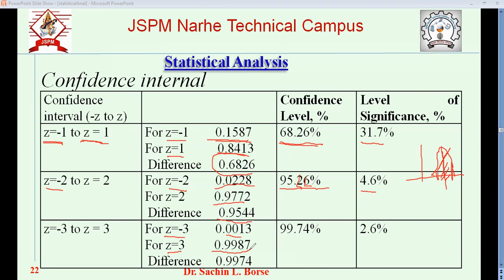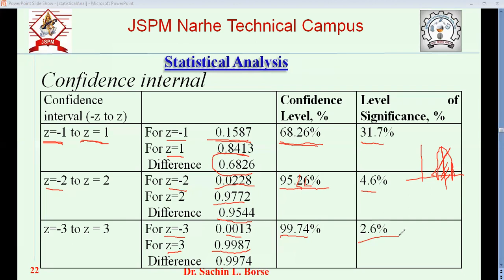Then you take the difference. It is 0.9974. It means if you take Z from -3 to 3, there is a 99.74% chance that a reading will lie in that shaded area. So the confidence level is high, and only about 0.26% chance that a reading will be outside. So the error is very small.